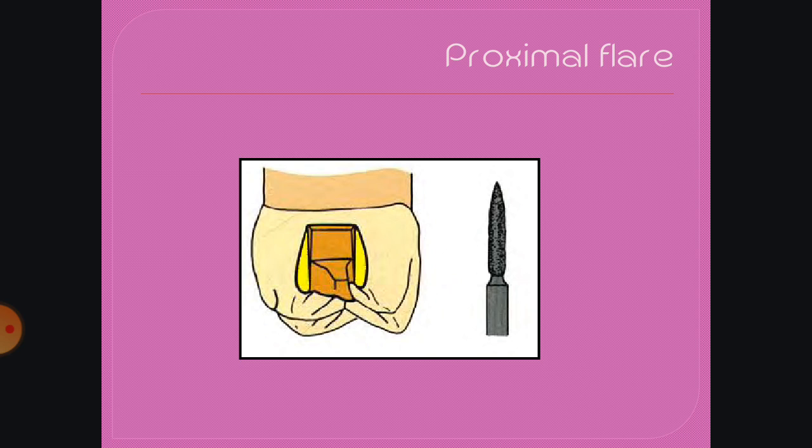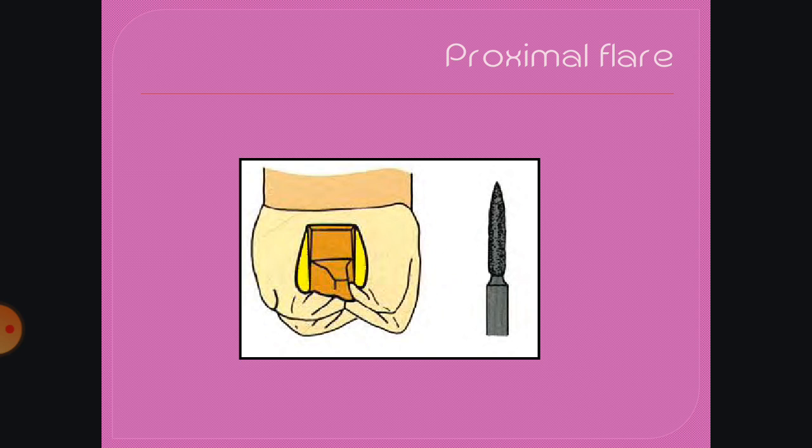The flare is a flat plane cut across the curving proximal surface of the tooth. It leans into the center of the tooth slightly as the surface of the tooth is curving outward in the proximal contact area.